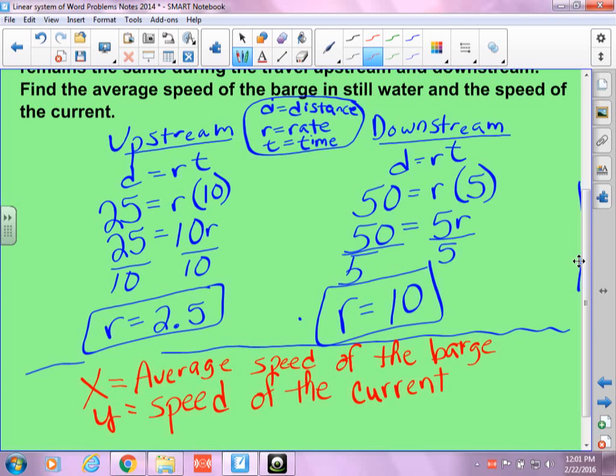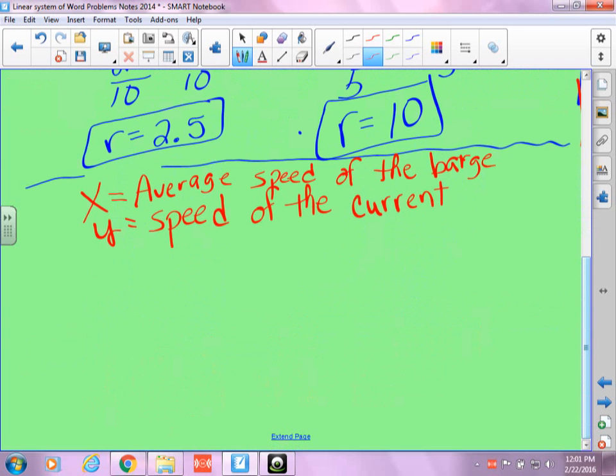Where did I find that? At the end of the problem.